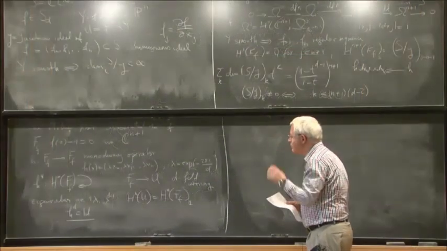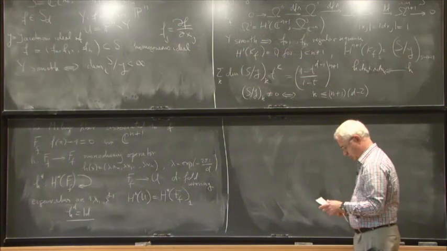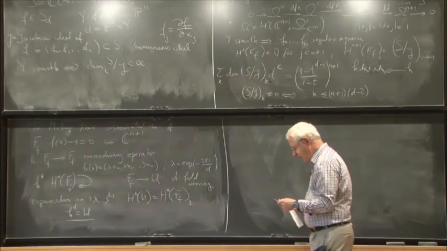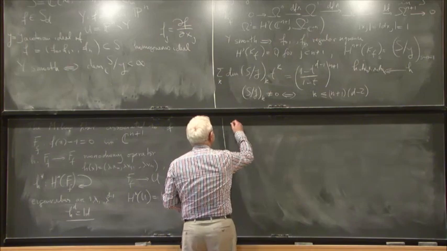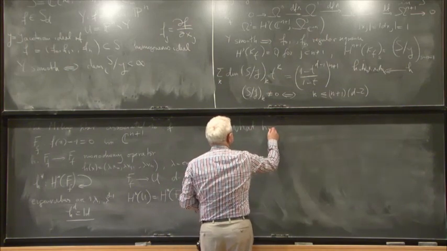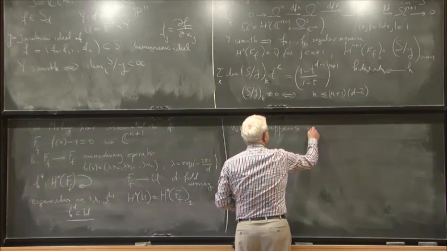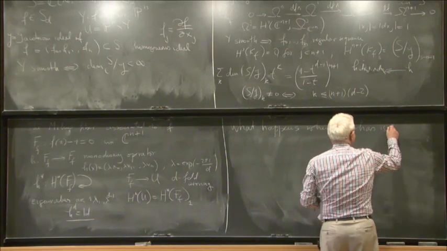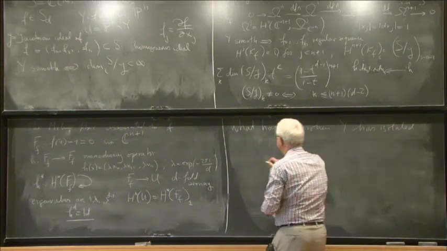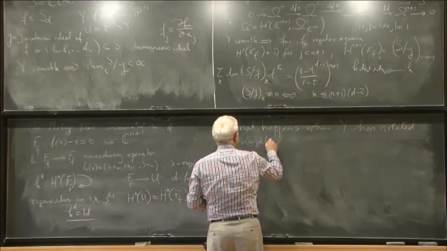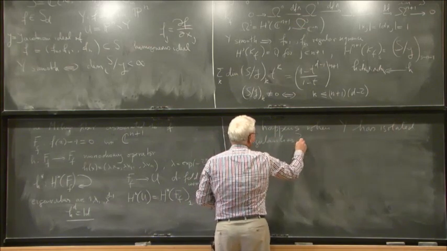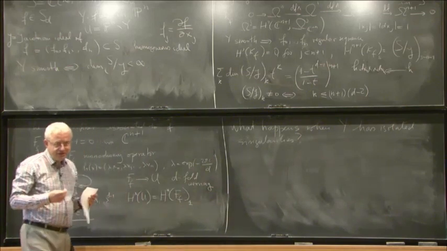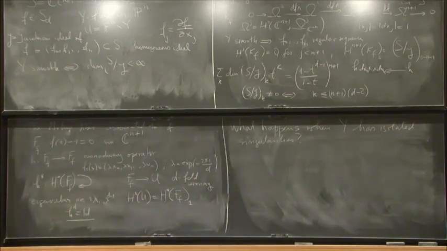So now what I plan to tell you today is what happens when Y has isolated singularities. So why isolated? Because this case is already difficult. I would like to tell you in general what happens, but already this case is quite difficult.